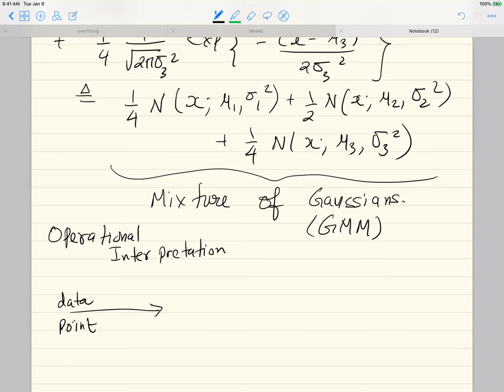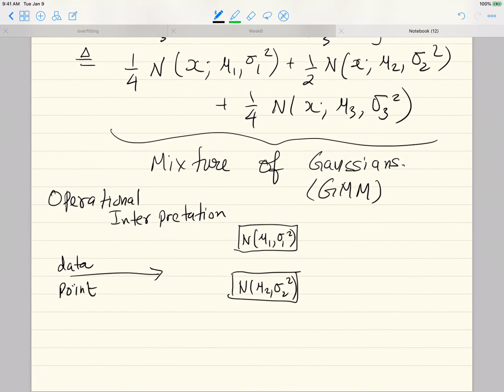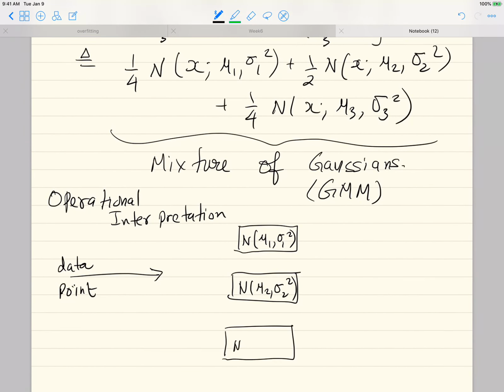Let's call this data point x. Then you have three possibilities. You have a Gaussian with mean mu1, variance sigma 1 square. You have a Gaussian with mean mu2, variance sigma 2 square. And a Gaussian with mean mu3, variance sigma 3 square. There are three possible Gaussians you have.